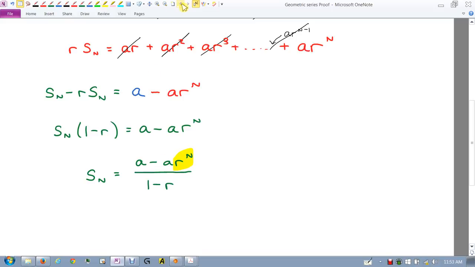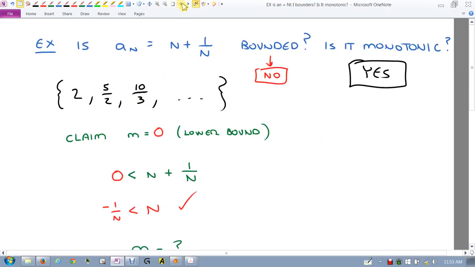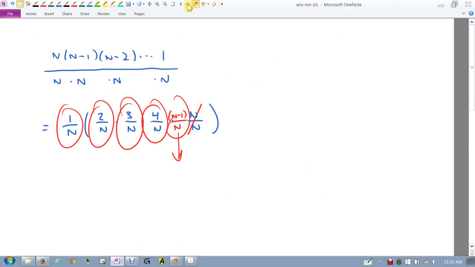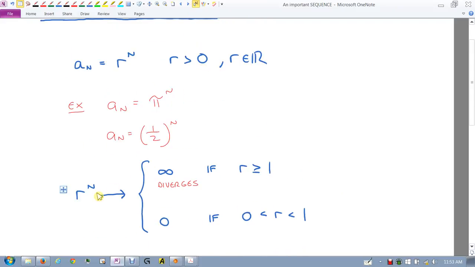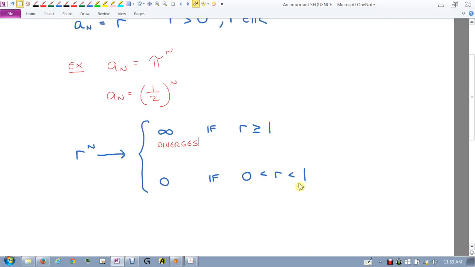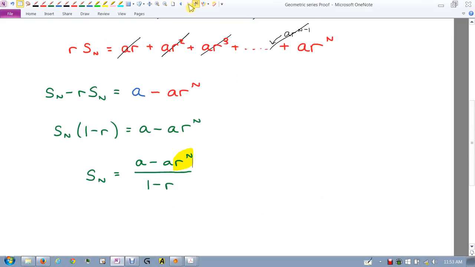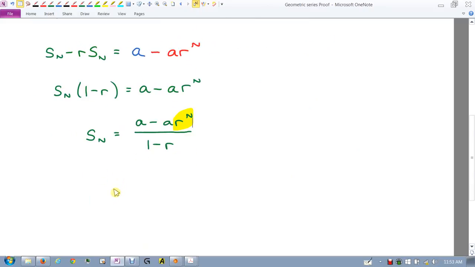Now, we did that earlier today. We said, yeah, was it right here? Yes, it was this. Remember I said this can be an important sequence. If you have r to the n, if that r is bigger than or equal to 1, it's going to become infinite. If that r is between 0 and 1, it's going to go to 0. And we need that right now because we want to know what happens now.